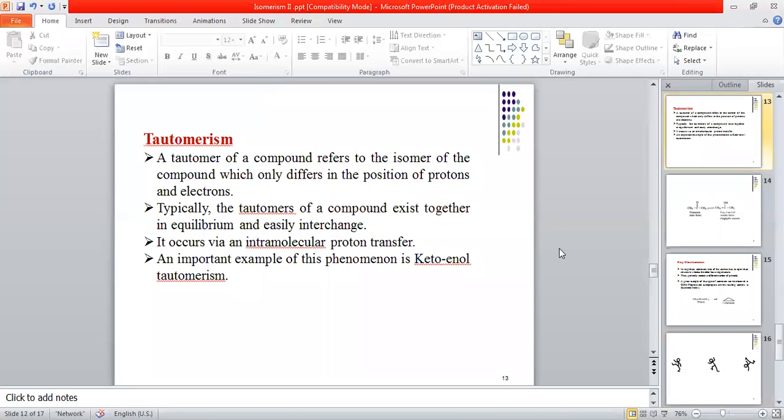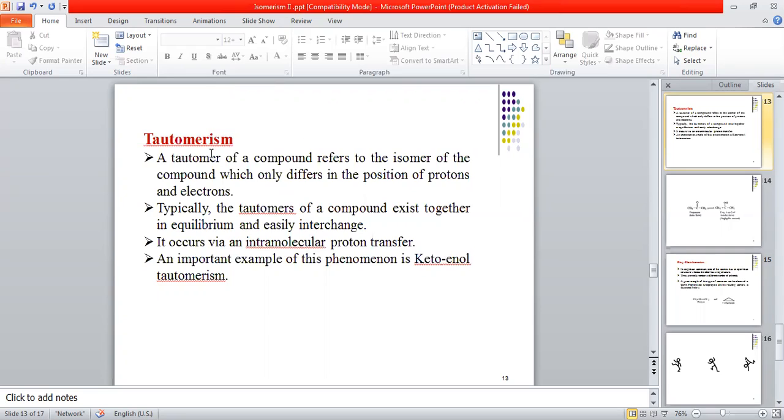Next one is tautomerism. What is tautomerism? Tautomerism, as the name indicates, you will find these things in your next semester. Tautomerism is nothing but the removal of one hydrogen, and you will be able to convert a compound from ketone to alcohol.